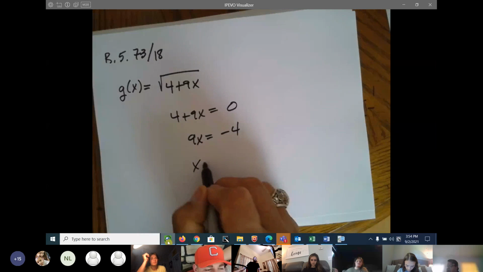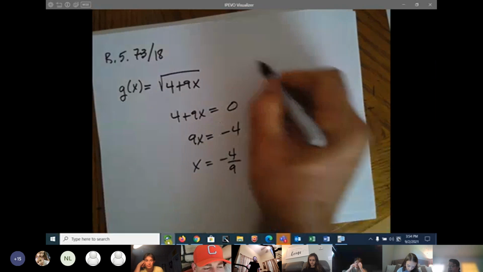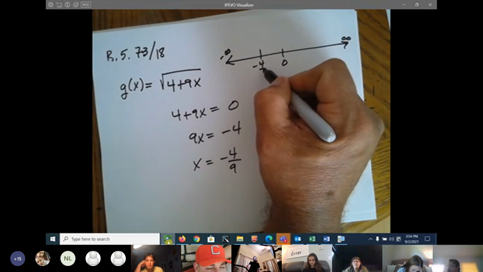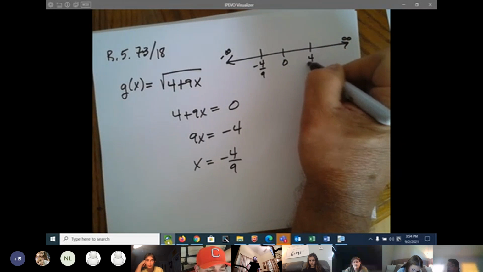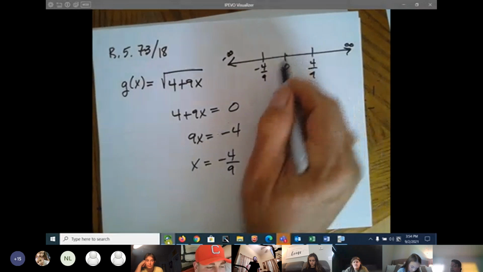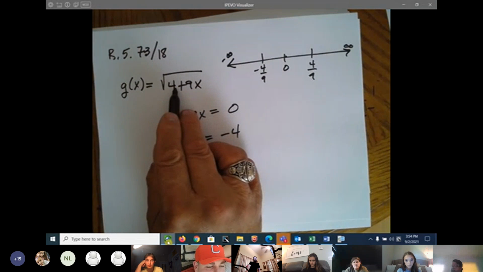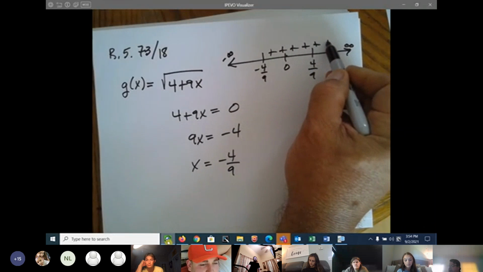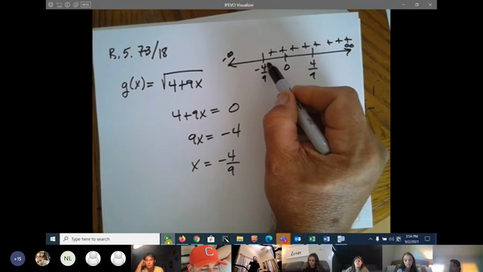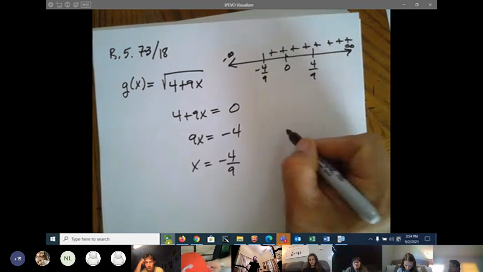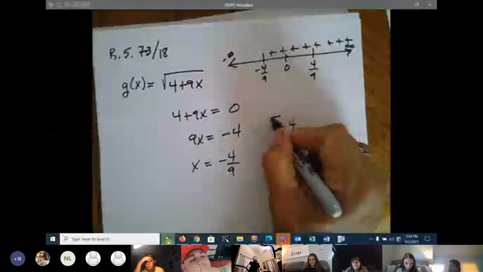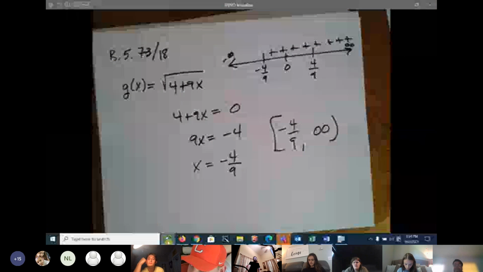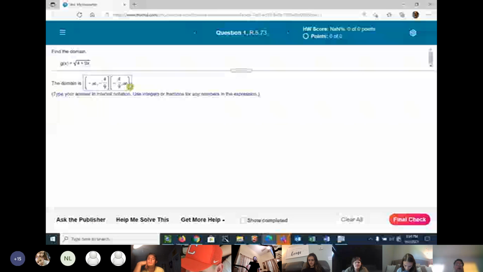So you got to draw a number line. 0 is here, negative 4/9 is here, positive 4/9 is here. I'm going to plug in 0. 0 plus 4 is a positive, so I can use these numbers. So I can use numbers from negative 4/9 to infinity. That's your domain. So negative 4/9 to infinity.